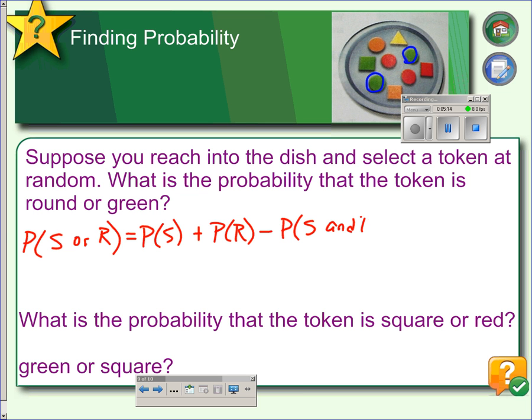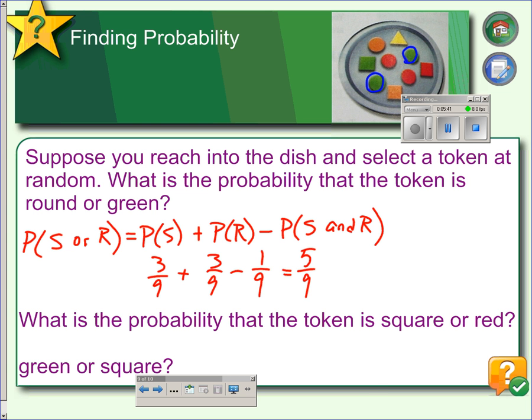They're both square and red. So 3 out of 9 are square. 3 out of 9 are red. One of them is a red square. So that gives us 5/9 probability.